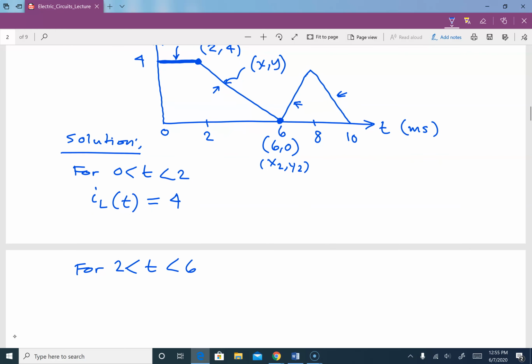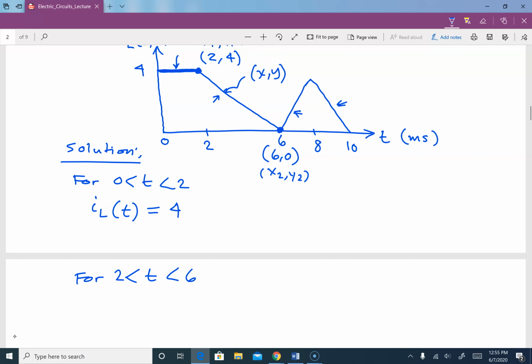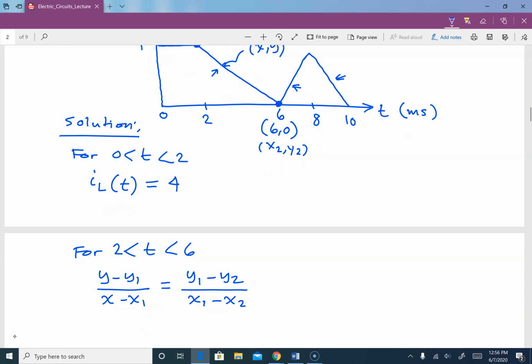So we write y minus y1 over x minus x1 is equal to y1 minus y2 over x1 minus x2. So this is the slope equation.